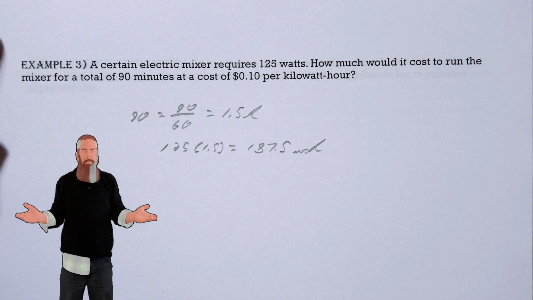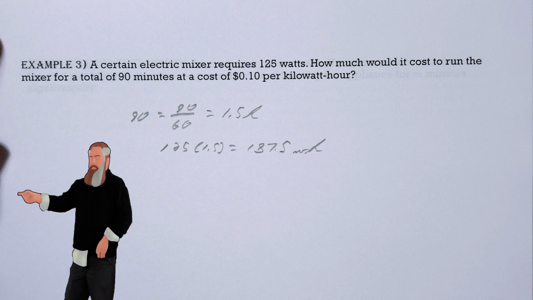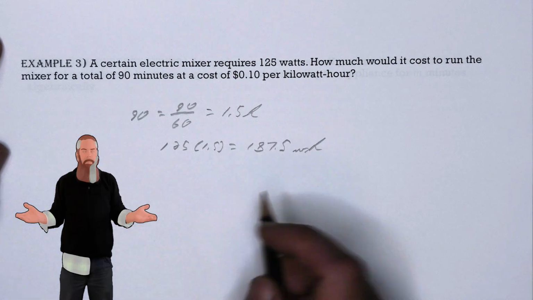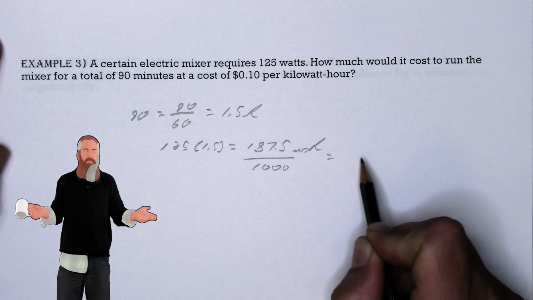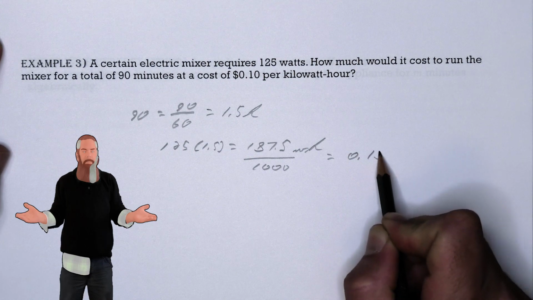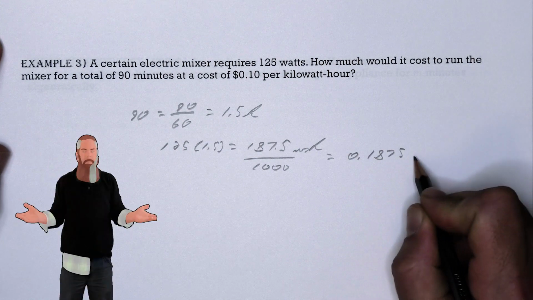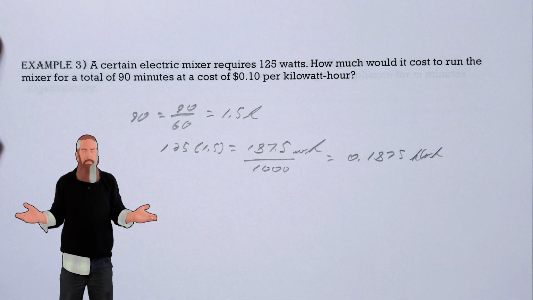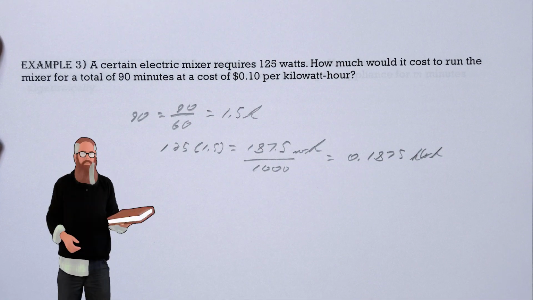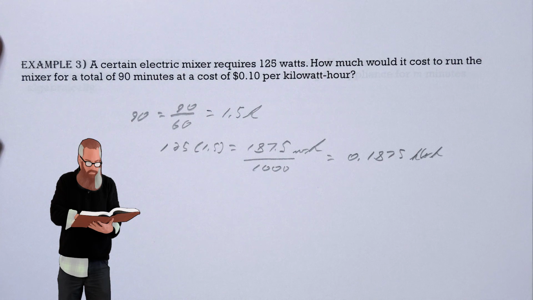To express the 187.5 watt hours as kilowatt hours, we simply divide by 1,000, giving us 0.1875 kilowatt hours.